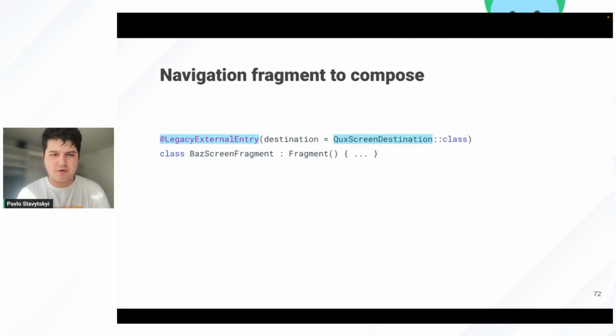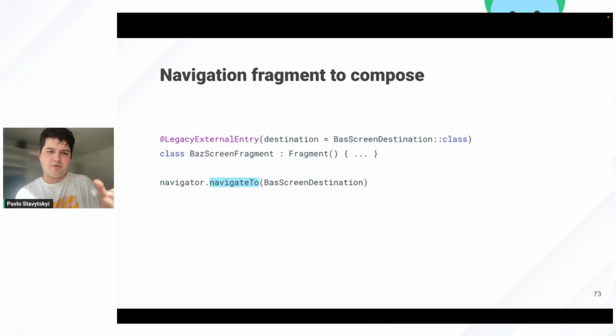I can see a typo here: the names of the destination and the fragment should match, but it doesn't matter. The concept is the same. You should have a unique destination that is connected to the fragment, and then when you perform the navigation, you just put this destination. So this could be an old fragment that has existed in your code base for many years, but just by adding this simple annotation, you can now navigate to it from compose screens.